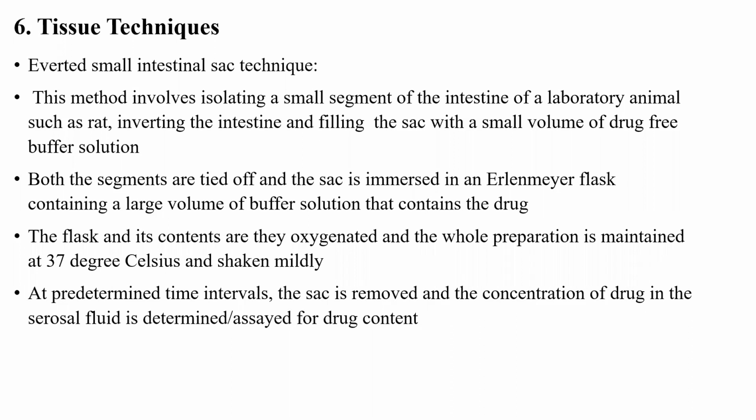Both segments are taken and tied off, and the sac is immersed in an Erlenmeyer flask containing a large volume of buffer solution that contains the drug. The flask contents are oxygenated, and the whole preparation is maintained at 37 degrees Celsius and shaken mildly.